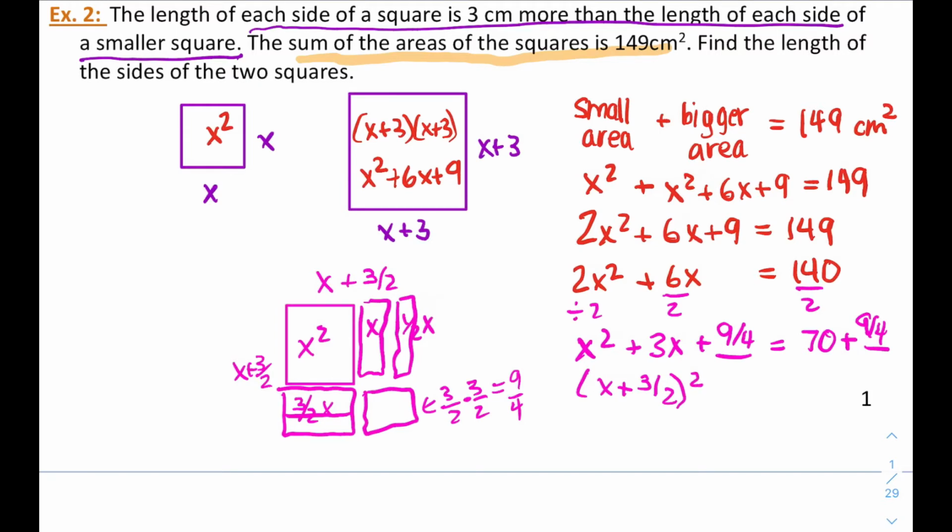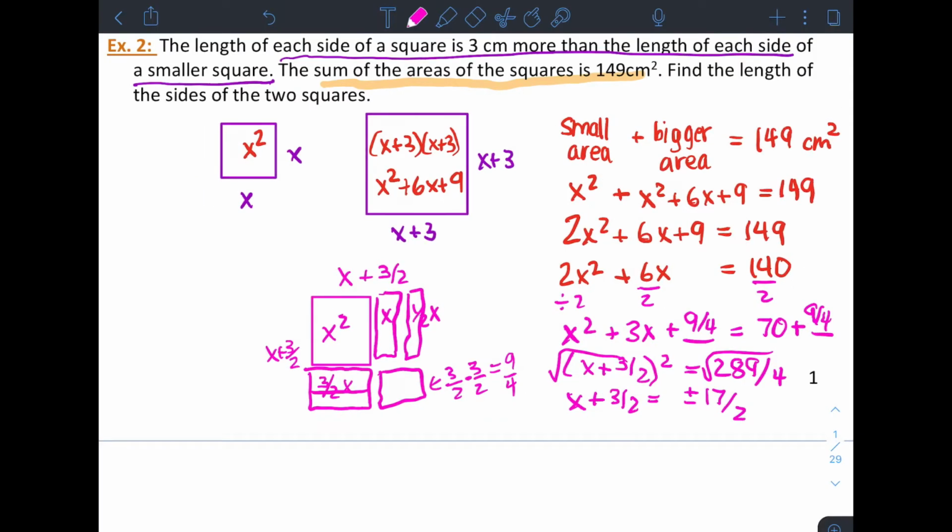And then if I rewrite it as side length times side length, or in factored form, it's going to be x plus 3 halves squared equals 289 over 4. And if I take the square root of both sides, it comes out nicely as 17 over 2. So think about the positive and negative version.